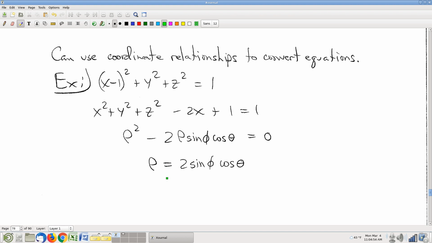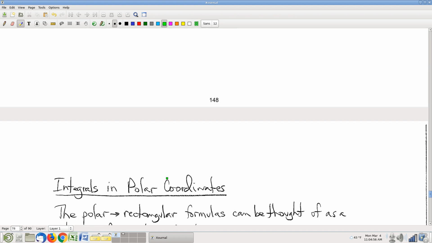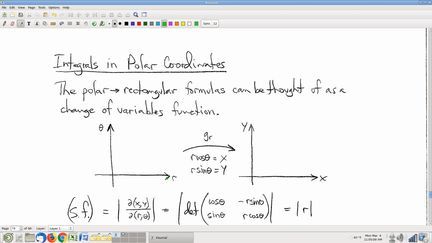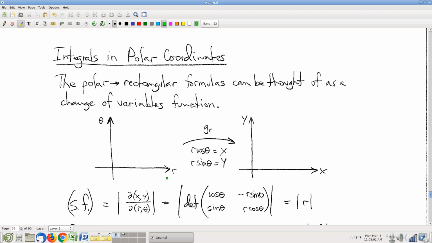Okay. All right. So we talked about 3 different coordinate systems. Why do we do this? Well, it turns out that this is a great way to do integrals. I remember we just got through talking about change of variables not long ago. Change of variables has this kind of hitch in it, and that is, how do you know what your change of variables function is? Sometimes you get lucky and can kind of figure it out from context.